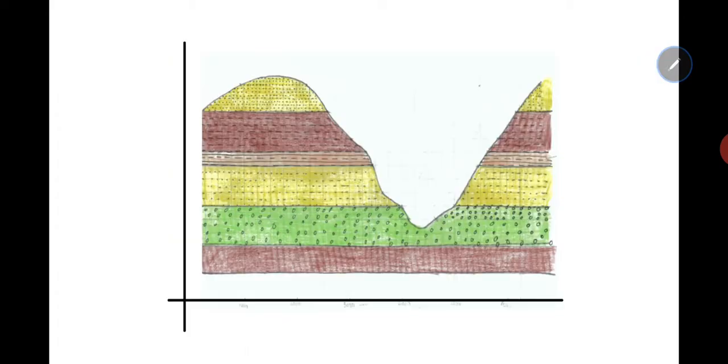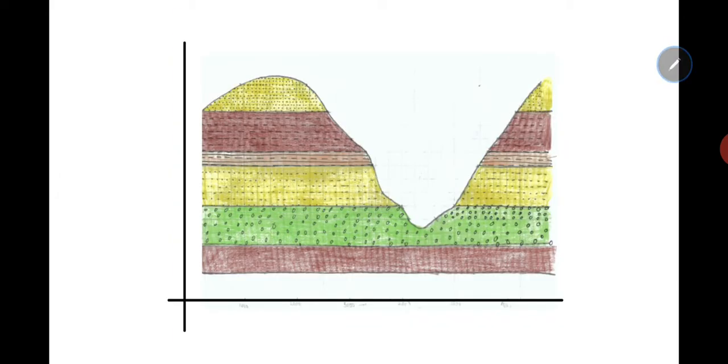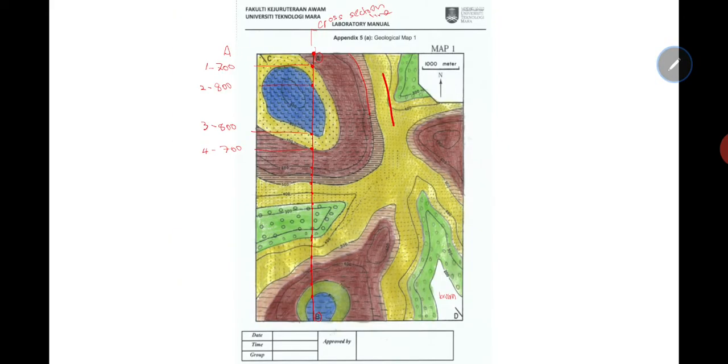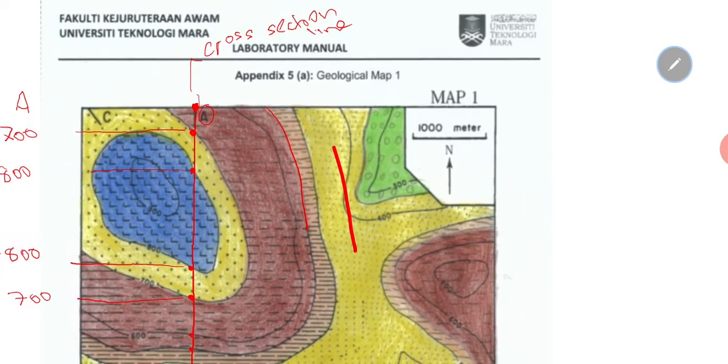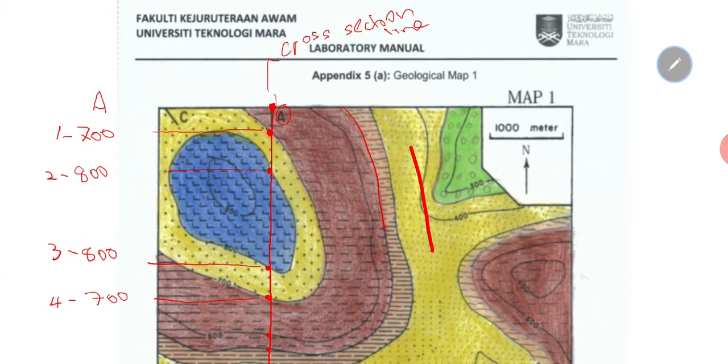Okay, next, what you need to do is to convert these values to distance in meters. That is what your scale is all about right here. So you need to have the scale before you can convert centimeters to meters.